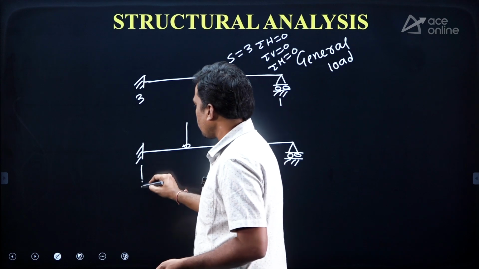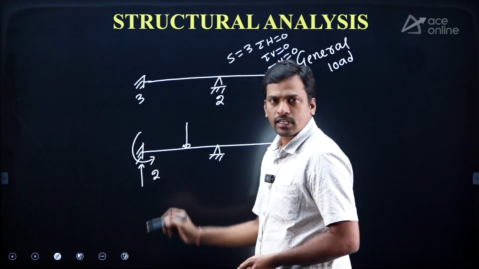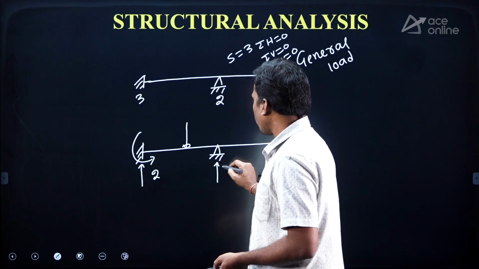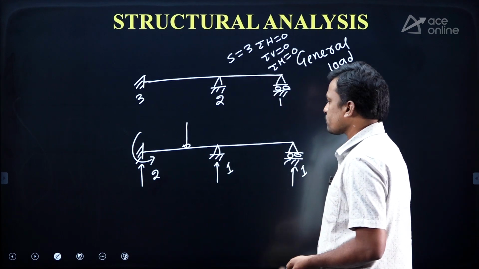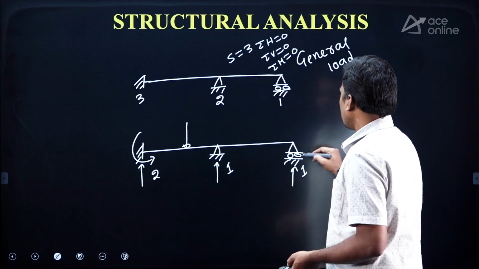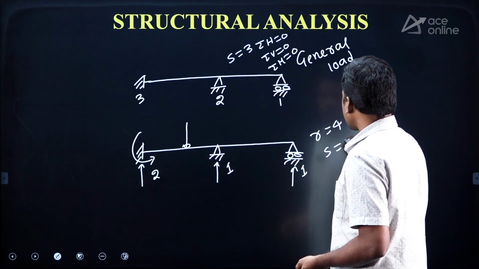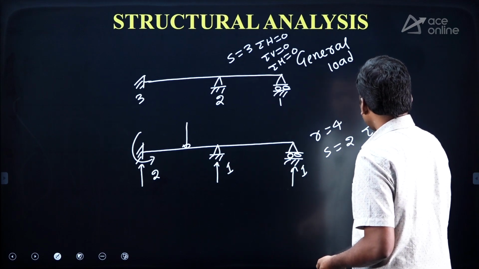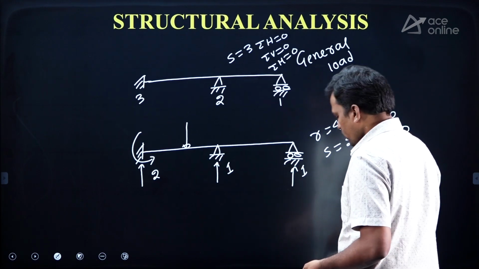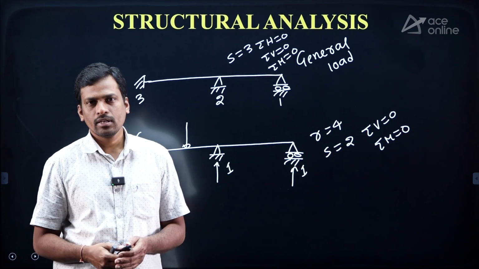Then here only 2 reactions. Neglect the horizontal reaction, here only one reaction and here only one reaction. So the total number of reactions here is 4. How many equilibrium equations? Only 2, that is sigma V and sigma M. Most students make a mistake here for beams.